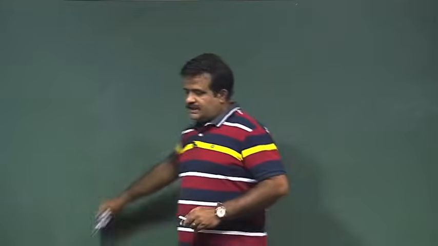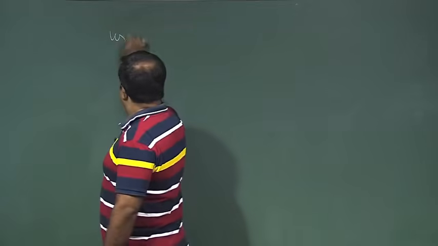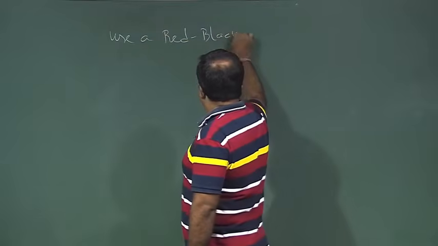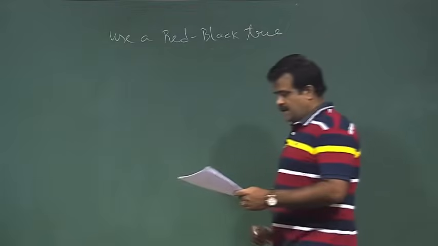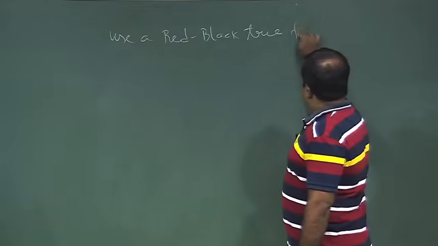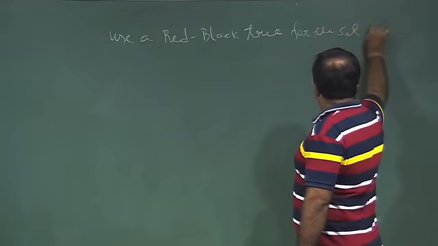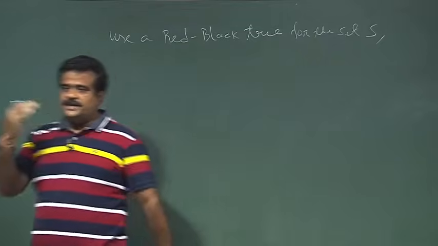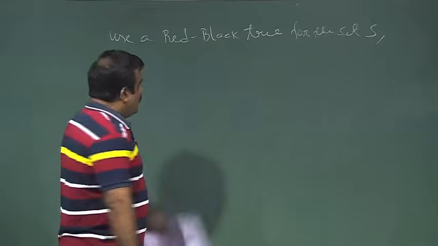So basically the idea is to use the red black tree, because it is a balanced tree, for the set S, because the set S is dynamic. In a red black tree we can also perform the dynamic modifying operations like insertion and deletion.